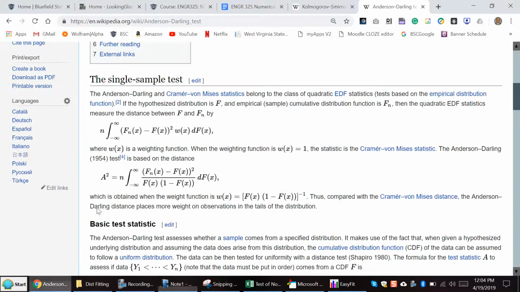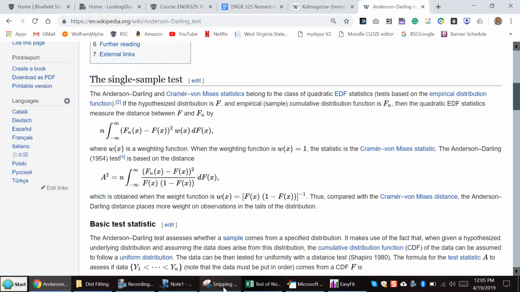It's going from negative infinity to positive infinity, taking your theoretical function, subtracting it from your empirical function, squaring it, and then multiplying by a weighting factor maybe. When the weighting factor is 1, it becomes this. I'm not an expert on this, but that is the intuition behind the Anderson-Darling test.